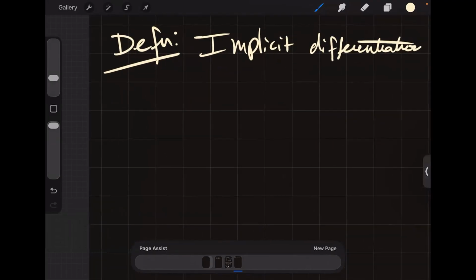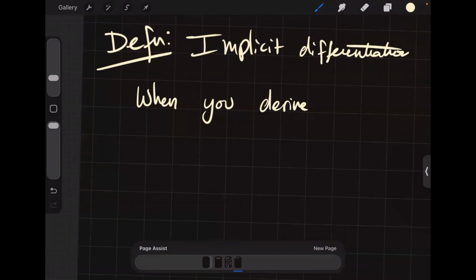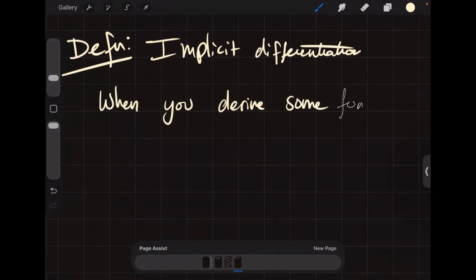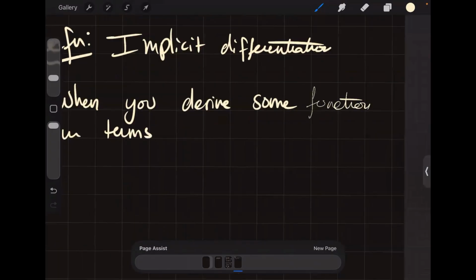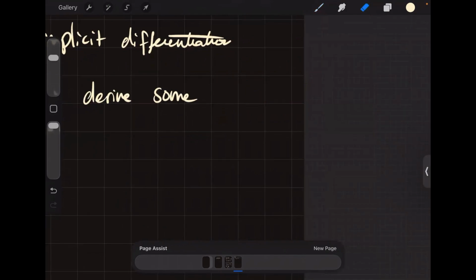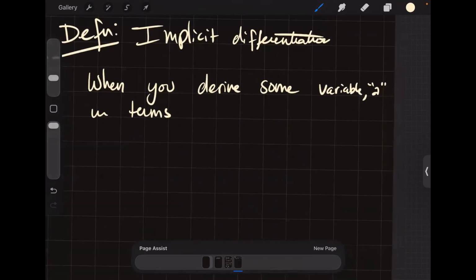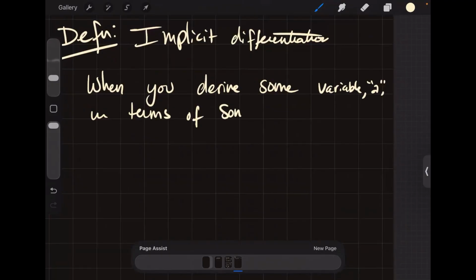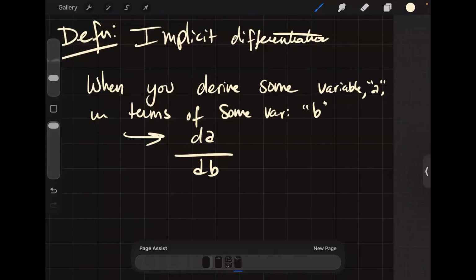Implicit differentiation is when you derive some function of some variable, which we can call A, in terms of some variable B. And it gives you derivative of A relative to derivative of B, the change in A with respect to the change of B.